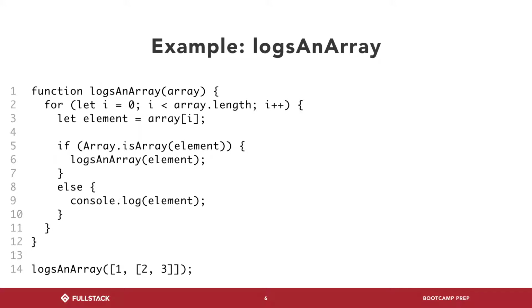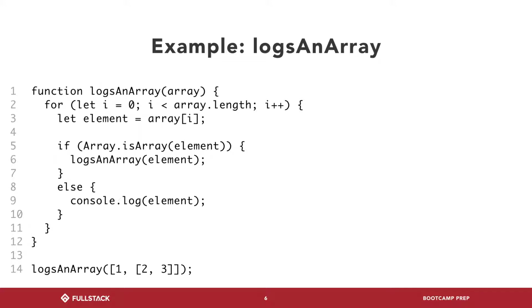So in this case, for example, if I was to give you a function that logs an array, and step through this, this is actually a really good example of where for loops and recursion don't have to live independently. It doesn't have to be that you can only use one or the other, right? This is a really good combination of the two.